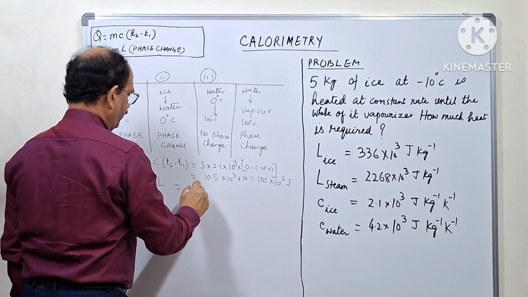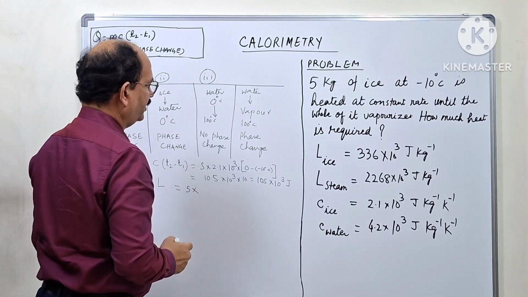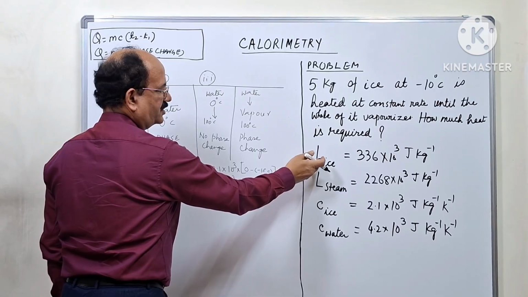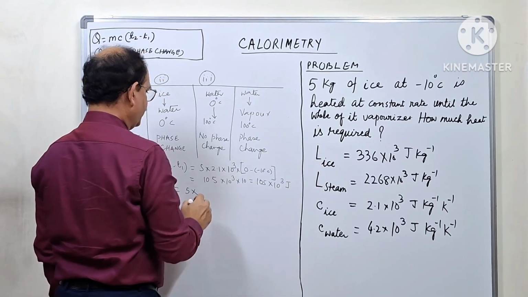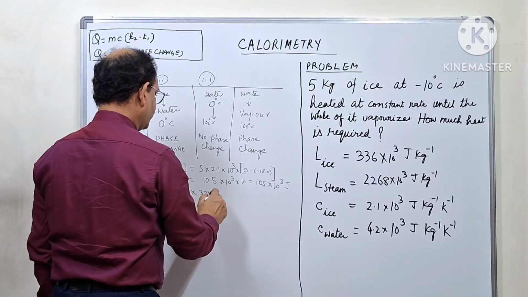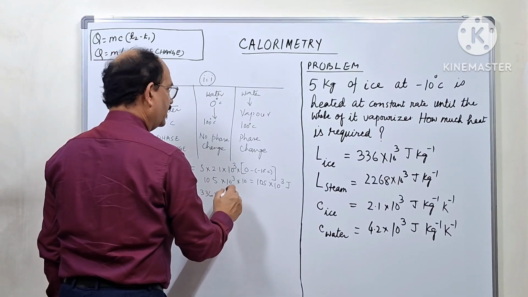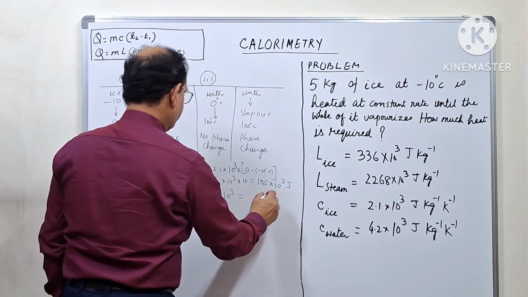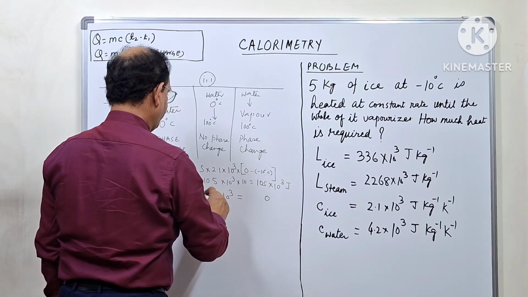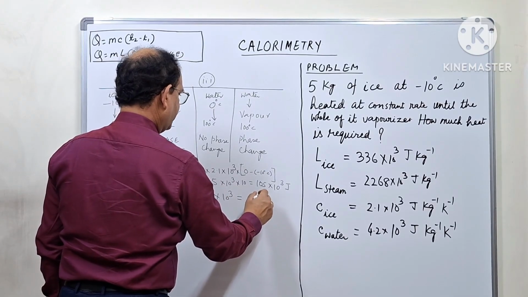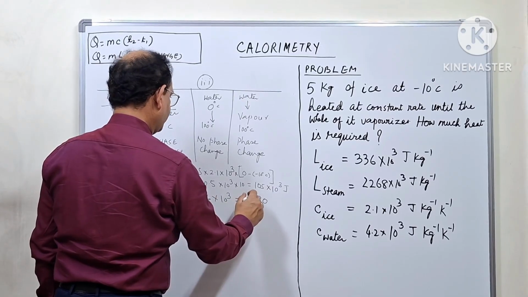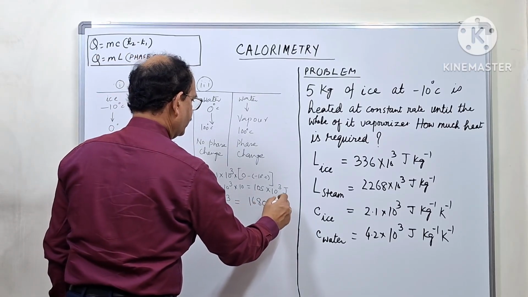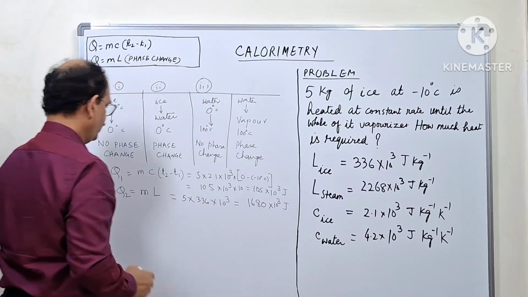This will again be 5 into the specific latent heat of ice, which is 336 into 10 to the power 3 joule per kg, and this will become equal to 1680 into 10 to the power 3 joule.